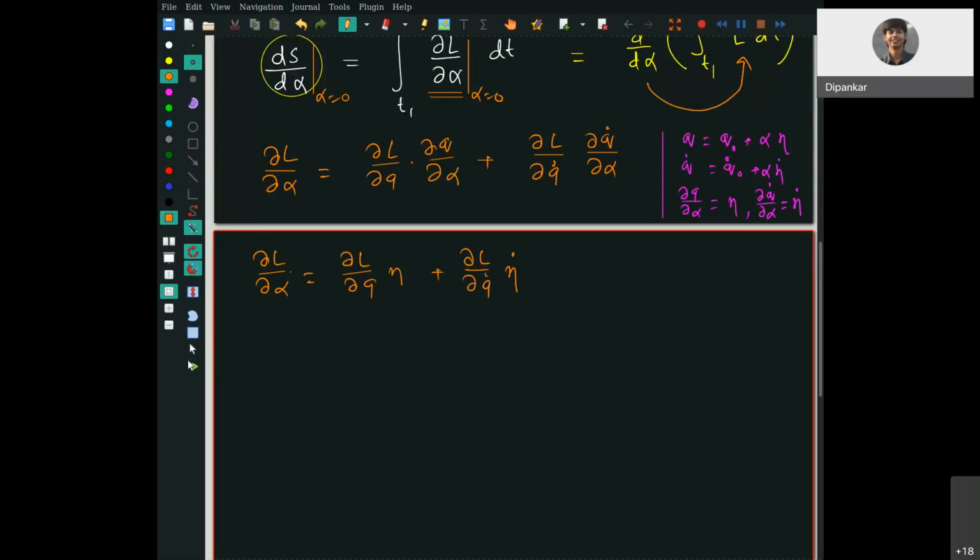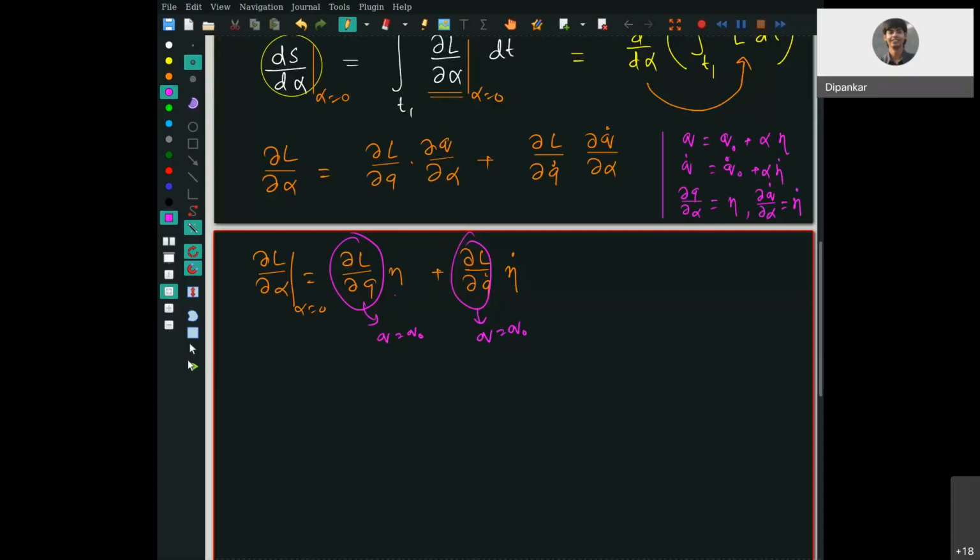Remember all these derivatives are being evaluated at alpha equals 0, so this ∂L/∂q is being evaluated along q equals q0, and this is also being evaluated along q equals q0. So I am evaluating these derivatives along the correct path, since I am doing everything at alpha equals 0. All right.